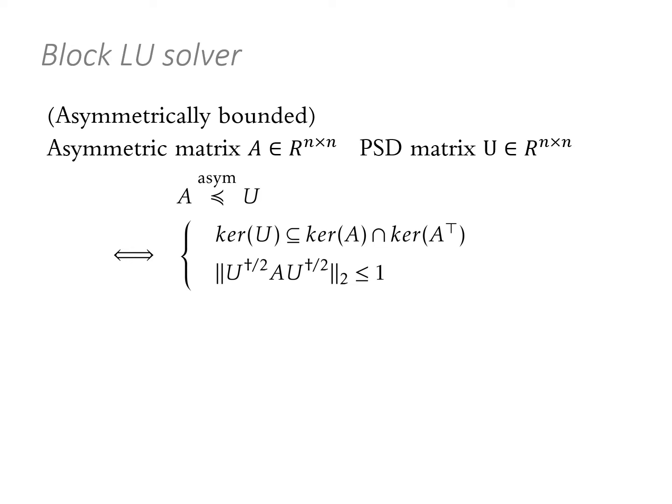Given an asymmetric matrix A and a positive semi-definite matrix U, A is asymmetrically bounded by U if the image space of A and A transpose is in the image space of U, and if we normalize A by U, then the spectral norm will be smaller than 1. This is equivalent to the following inequality, which is very friendly to error analysis. So a natural choice is to asymmetrically bound the difference by the symmetrization of the Schur complement we want to compute.